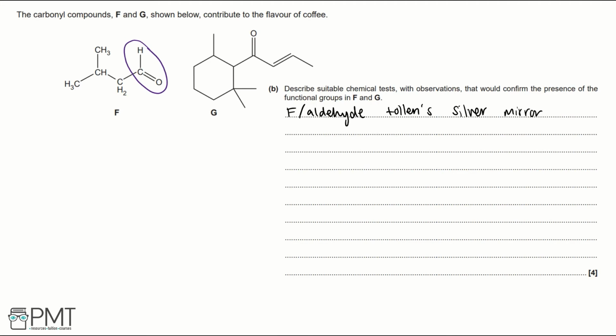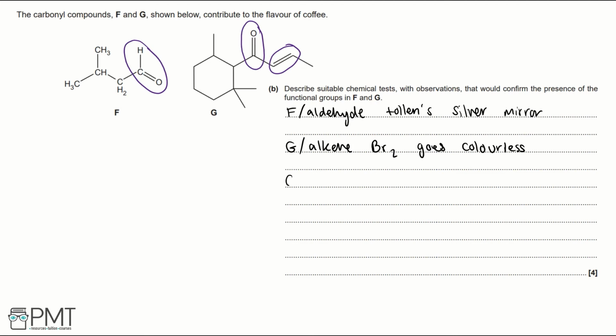Then we need to look at the functional groups in G. So G has 2 functional groups. It has a ketone here and an alkene here. So if we start with the alkene, G, the alkene, because that's the functional group we're going to look at first, the test for the alkene is bromine water, and the positive test with the alkene present is going to be decolourisation, or it's going to go colourless.